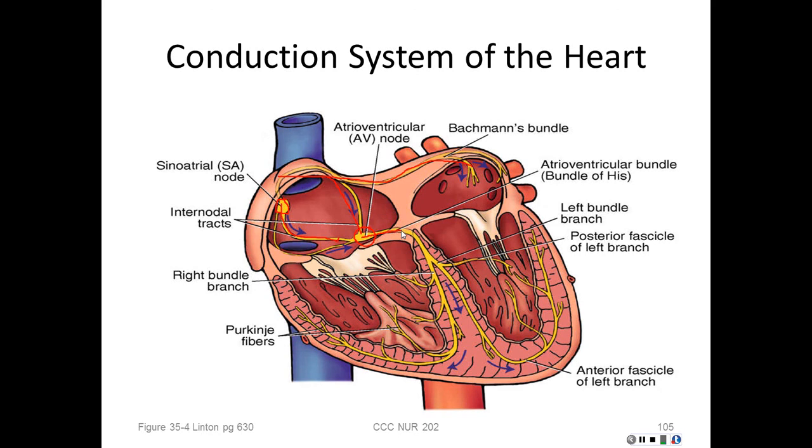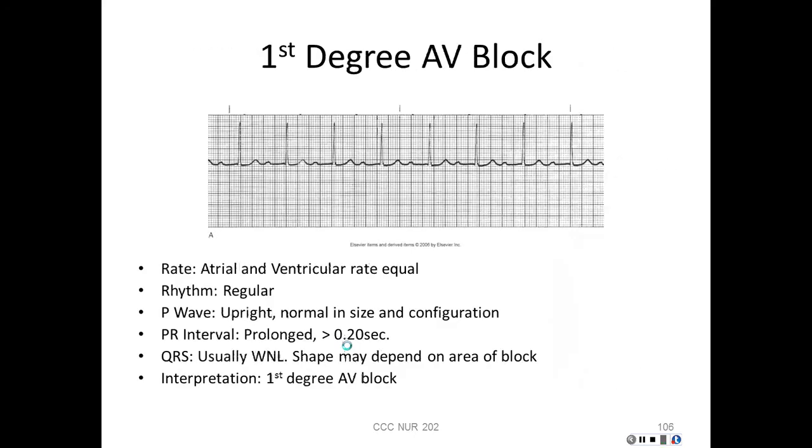It then goes down through the bundle of His to the Purkinje fibers, to the right and left bundle branches, and then out into the Purkinje fibers out into these areas. So what we're looking at is if this fails, then this is going to take over. If this fails, then these are going to take over as the pacemaker of the heart.